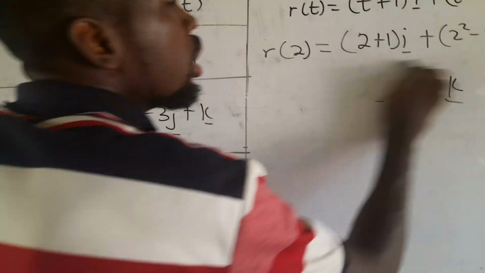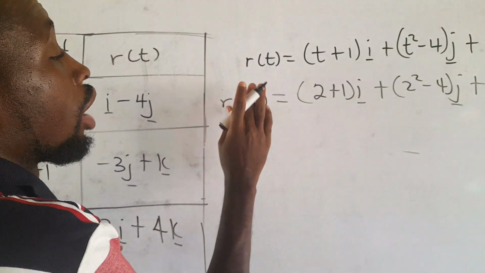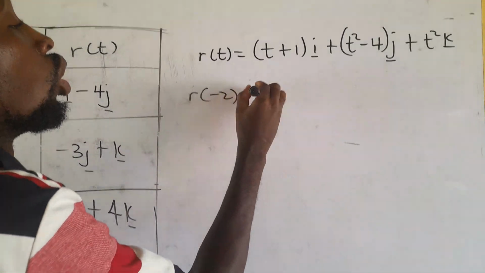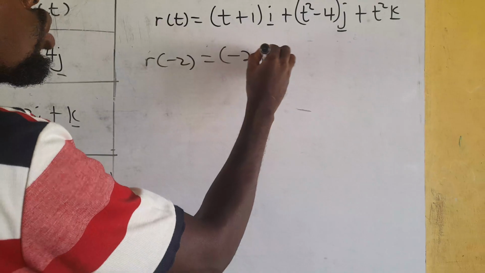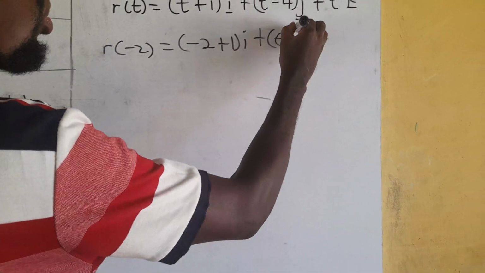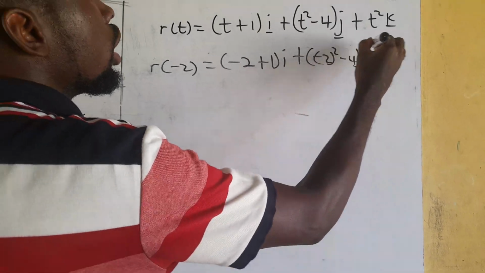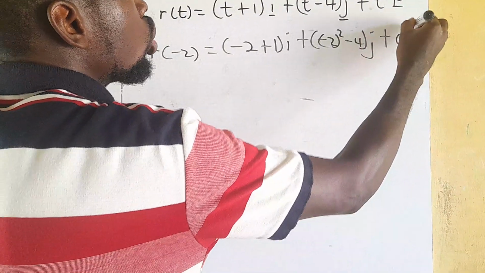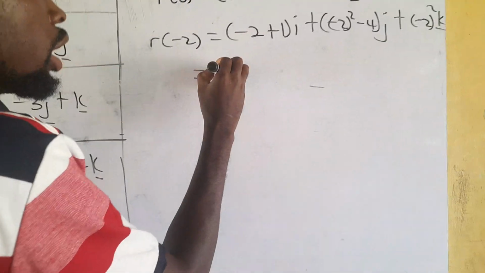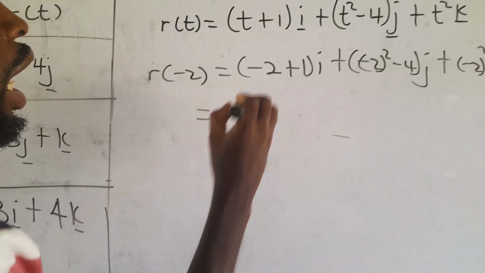Now find negative 2. So r of negative 2 will be equal to negative 2 plus 1 in the i direction, plus negative 2 all squared minus 4 in the j direction, plus negative 2 all squared in the k direction. So negative 2 plus 1, that will be negative 1 times i will be negative i.